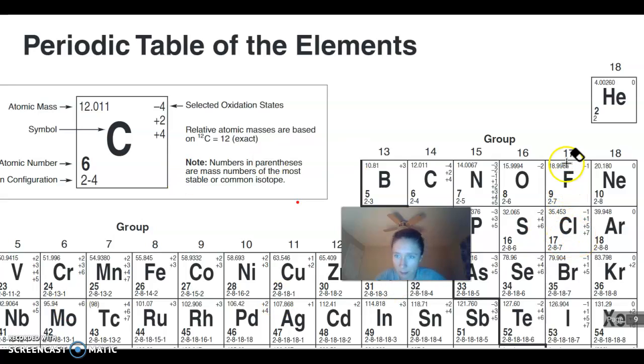As long as an element is in the same group, it's kind of interchangeable. That's why your reference table for the common acids doesn't list everything, because there'd be too many acids. But you can figure out the other acids based on the ones that they have listed.